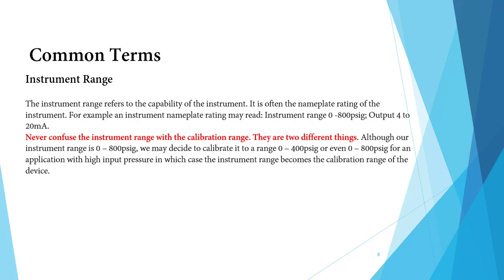For example, here the instrument range is 0 to 800 psi, with an output of 4 to 20 mA. So never confuse the instrument range with the calibration range. They are two different things.